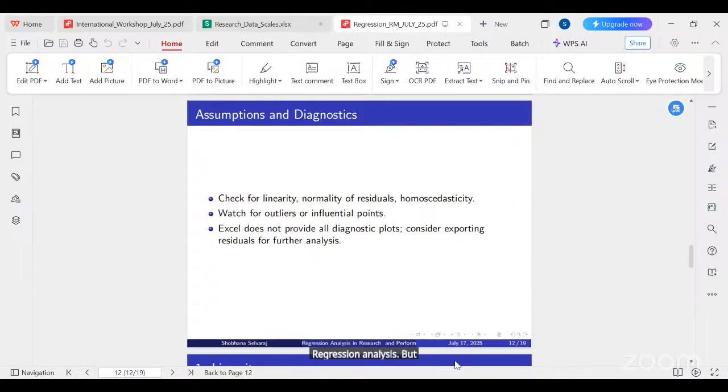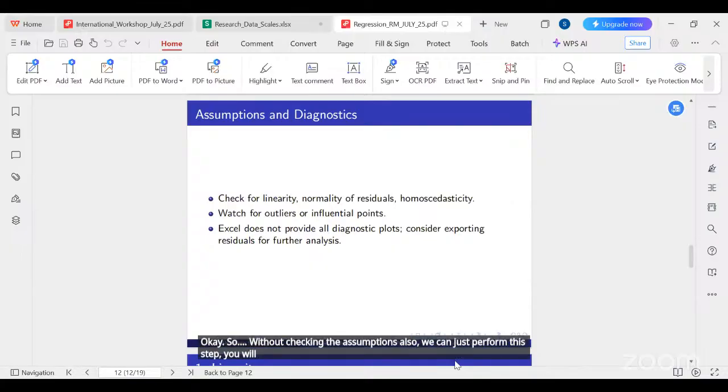But very important in that, we should be very careful in verifying the underlying assumptions to ensure that your conclusions are reliable. Without checking the assumptions also, we can just perform the steps and you will get the answer.